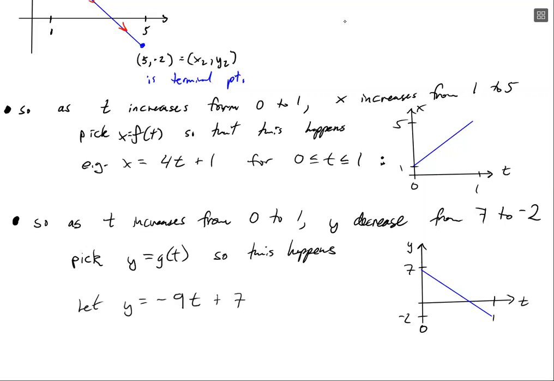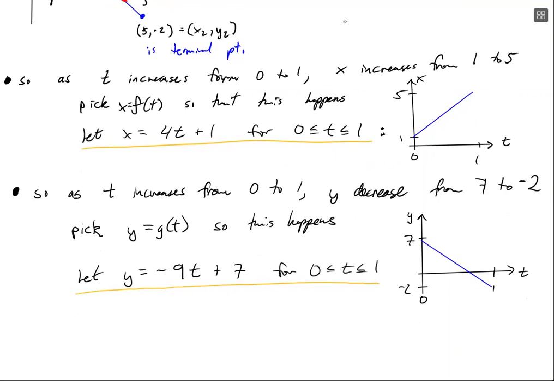Both of these together, let's underline these here. This is what we're looking for. I should also say my range of t values. So my answer would be to let (x, y) be equal to (4t plus 1, -9t plus 7) for parameter values t from 0 to 1.